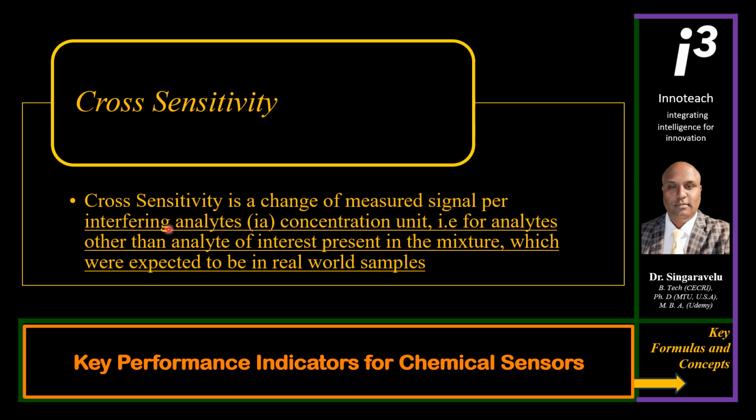So in that case, we would be able to discern between our analyte of interest, AI, compared to the interfering analytes, IA. So that's what I call cross sensitivity. And ideally, we expect that to be zero for any sensor that we are developing.